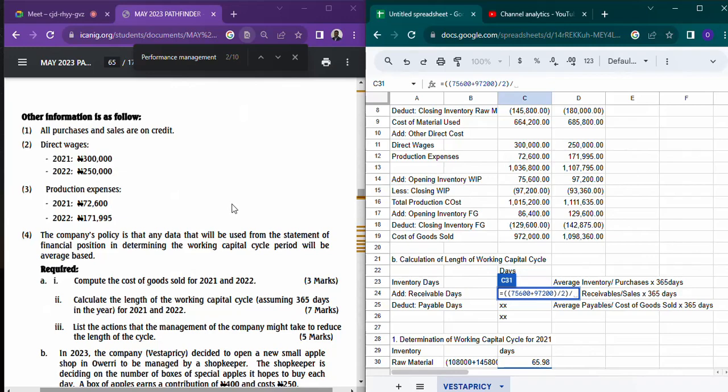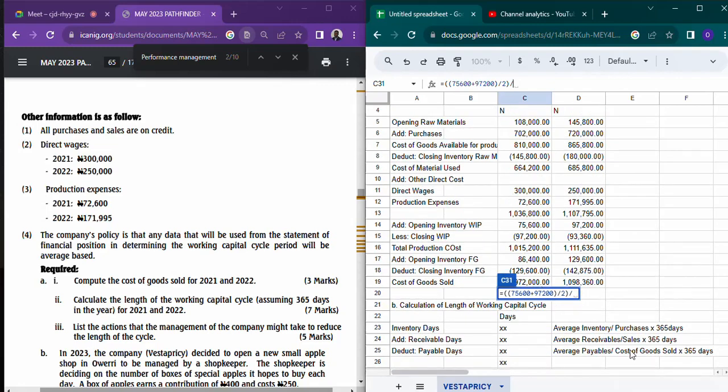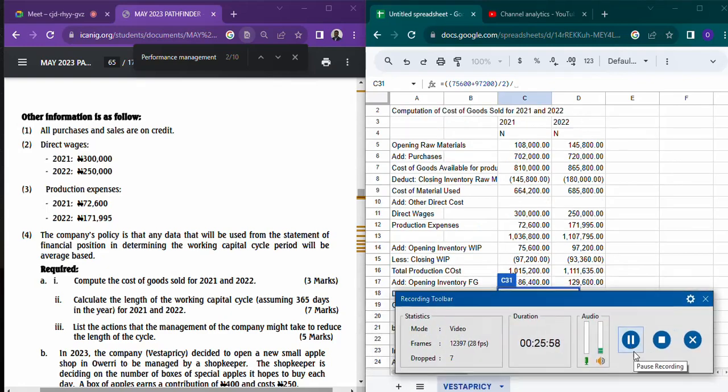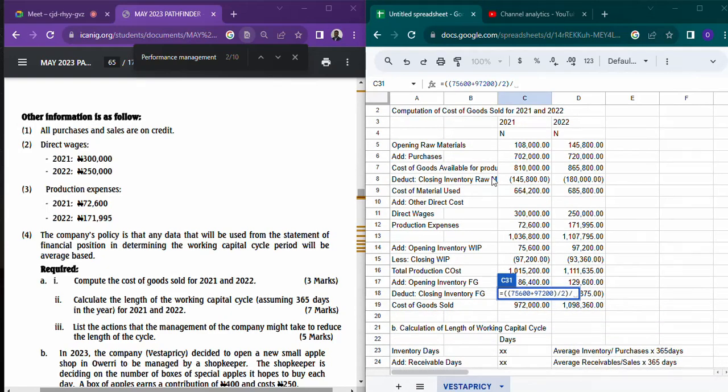Do we have the value of work in progress already here? I did not tell you that one, no. I'm telling you now.